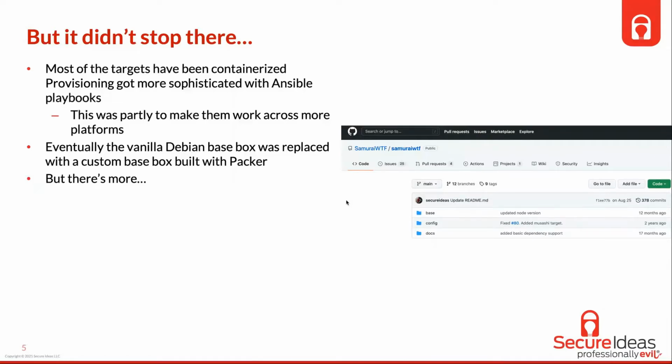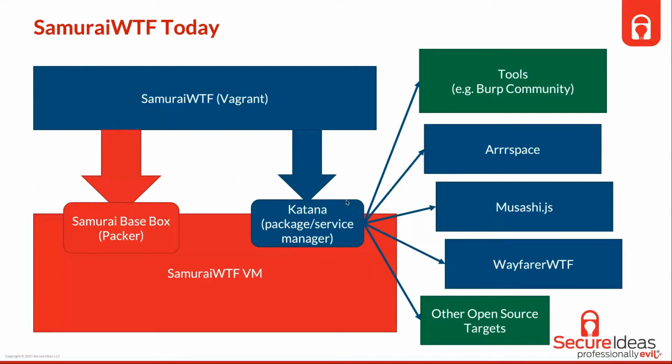But there's more. So jumping ahead to what it actually looks like today. So you've got, and I'm looking at that blue rectangle in the top left there, SamuraiWTF Vagrant. That's one repo, right?